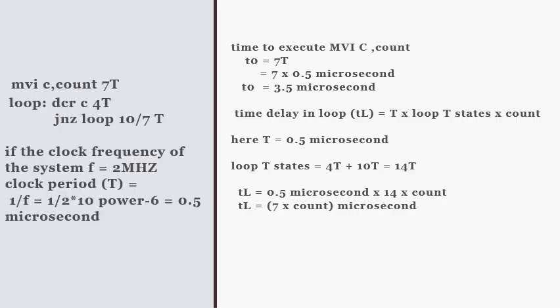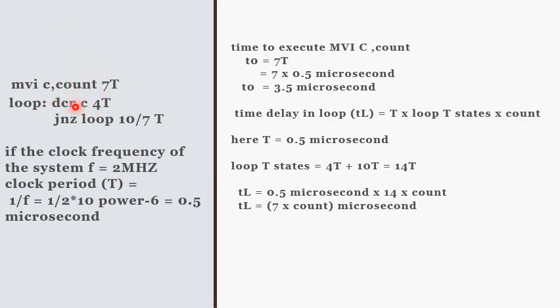Now let us try to find the delay for the given program, right? We have already chosen a program: move immediate C comma a count value. Our task is to find, or load, this count value by means of this calculation. Then decrement C, jump on no zero.